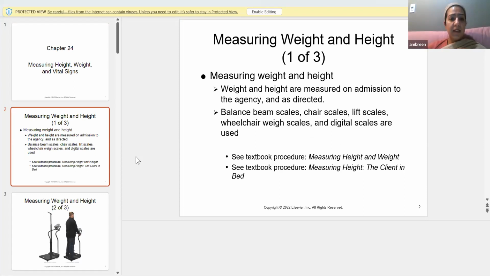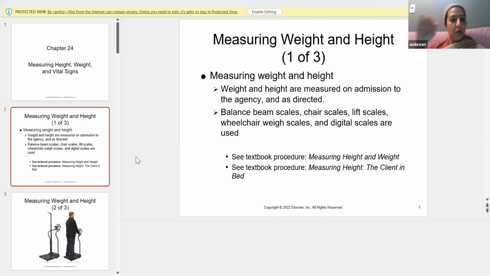Balance beam scales, chair scales, lift scales, wheelchair scales, and digital scales are used. We also have bed scales. What we do is, if a patient is total care, we put the patient in a ceiling lift. On a ceiling lift, we put the bed at 0 and then put the client on. That's a bed scale. Balance beam scales, chair scales, we have chairs.